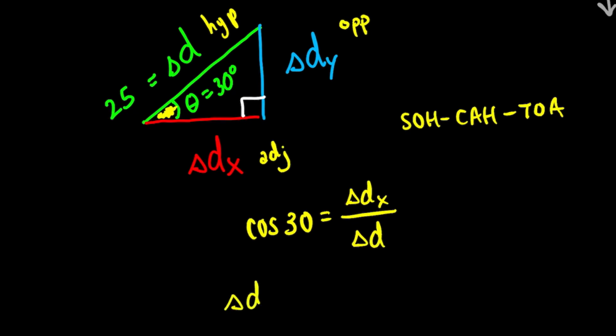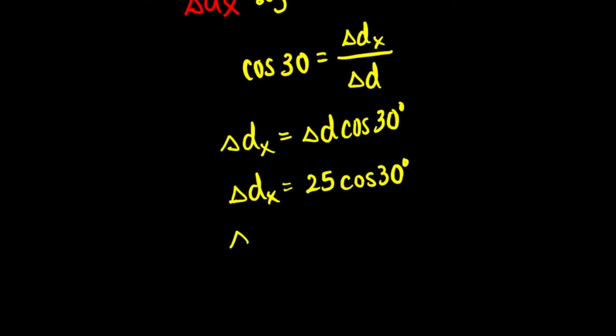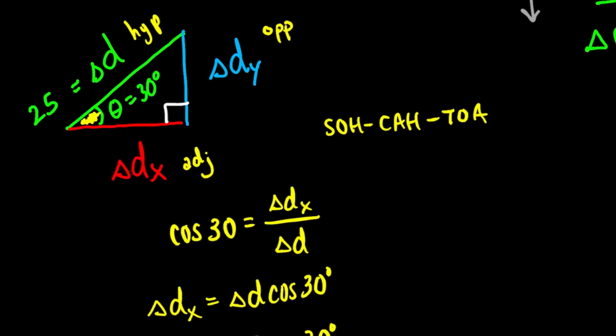If we isolate for the component, delta dx, this would be delta d cosine 30, which we can simplify to 25 cosine 30 degrees. Plugging this into our calculator, we get approximately 21.6 meters. So that's going to be our x component, or another way we called it, the horizontal component. Now for the vertical component, we're going to be using the sine ratio.